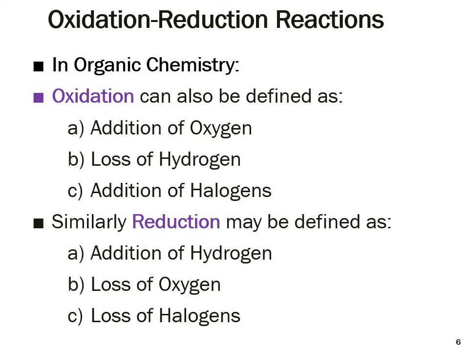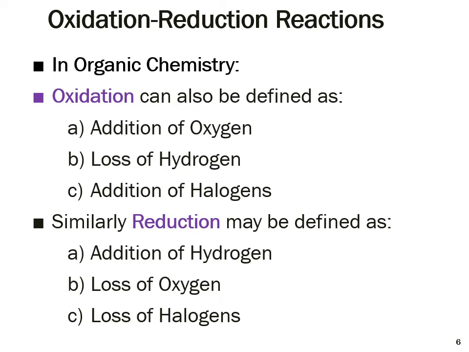If we move to organic chemistry, there the oxidation and reduction have different and more convenient definitions for organic chemists. In organic chemistry, we can define oxidation as either addition of oxygen, loss of hydrogen, or addition of halogens.